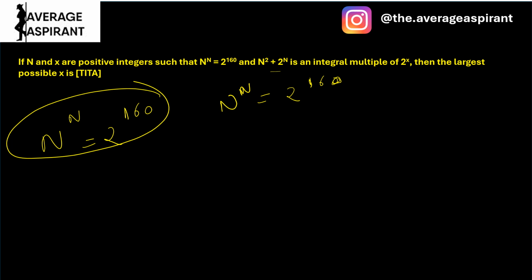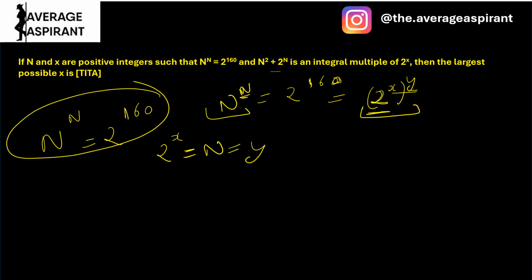I'll write 2 to the power 160 as 2 to the power x raised to the power y, right? So in that case, 2 to the power x is equal to n, and the power is equal to y, right? So far so good, we know this.